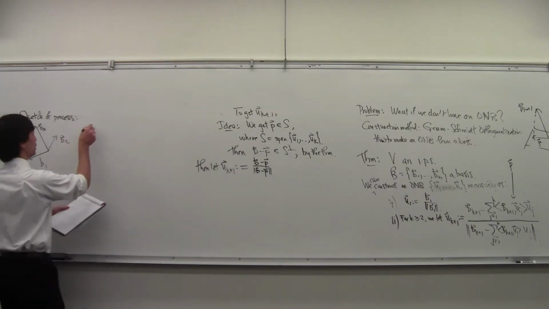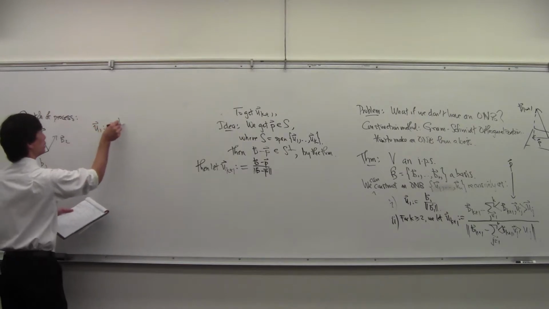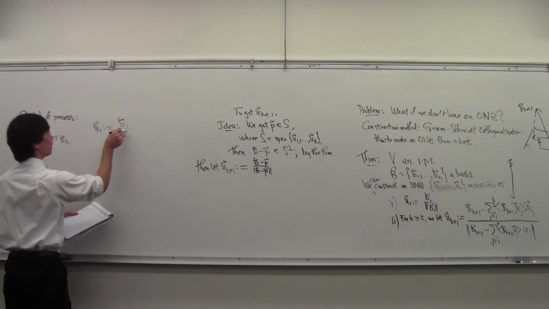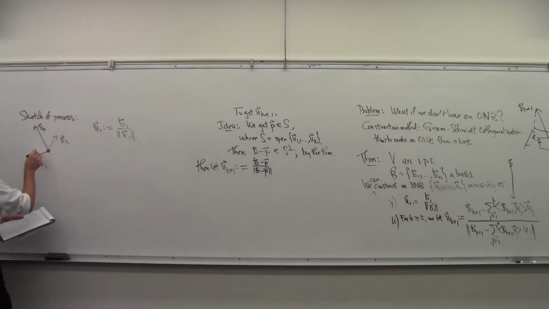Well, the first thing you're going to do is take U1 to be B1 over its norm. We just take B1 and shrink it down to norm 1. That's going to be our U1. Again, that's the obvious first move.